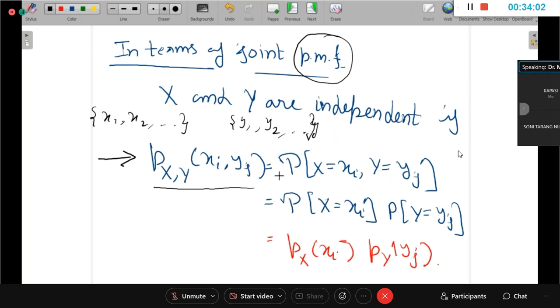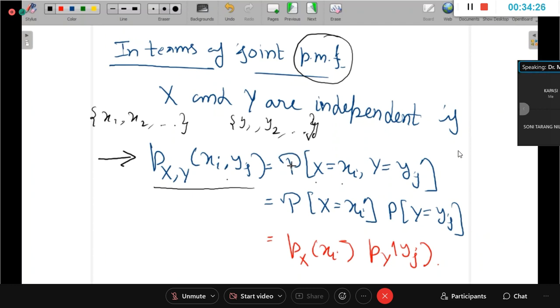This can be a finite set or countably infinite, we don't know. But you take any xi comma yj and write it in terms of probability. If you can write the joint PMF as the product of marginal PMFs for all values of x and y, then you can say those two random variables are independent.